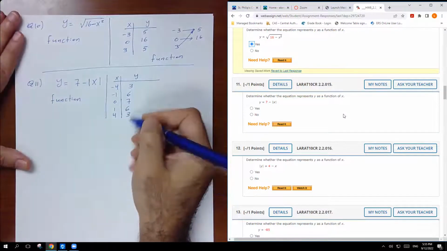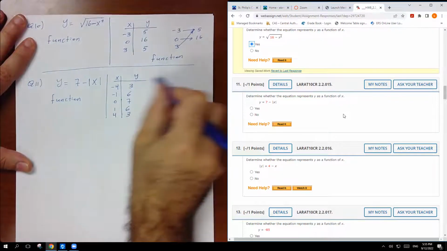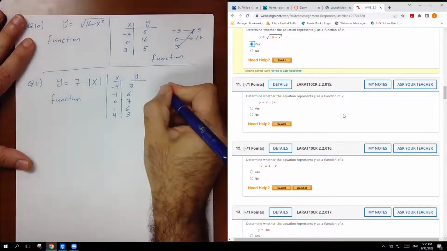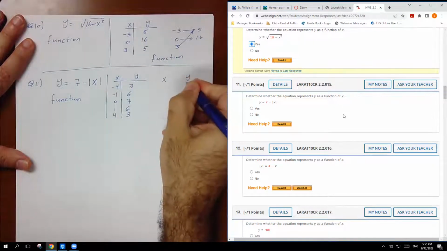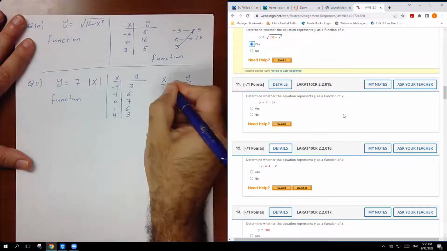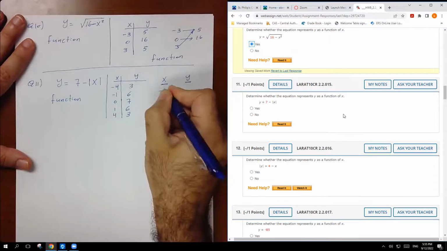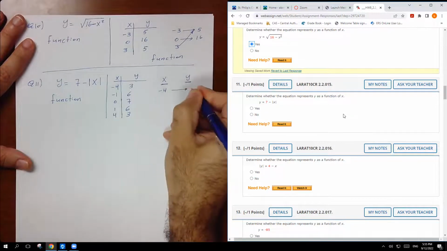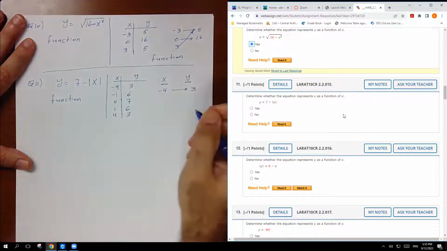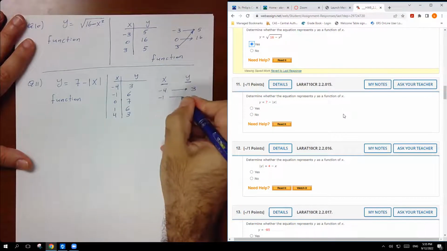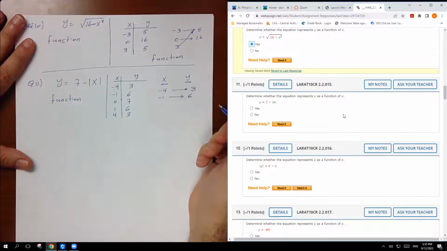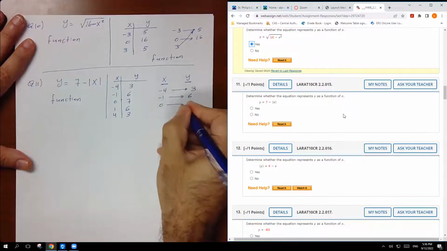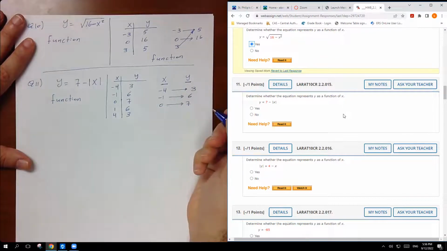So let's check these numbers. We did the table. We found x and y: -4 goes to 3, which is okay. -1 goes to 6, which is okay. 0 goes to 7, which is okay too.